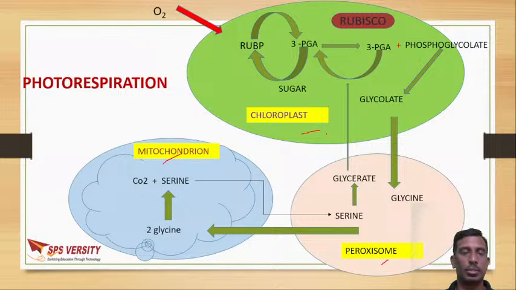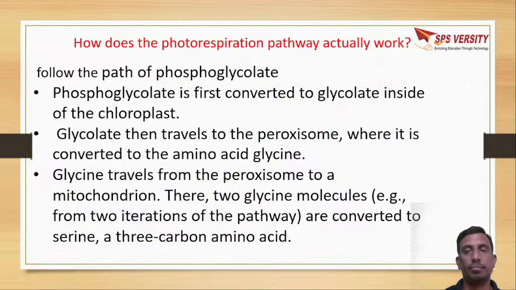This is a wasteful process where the fixed carbon is lost in photorespiration. Due to this, C3 plants are less efficient when compared with C4 plants. C4 plants में photorespiration नहीं रहता, C3 plants में photorespiration रहता, इसलिए C4 are more efficient when compared with C3.